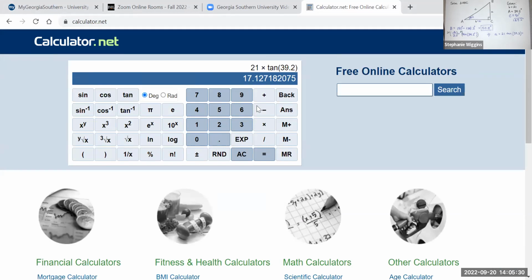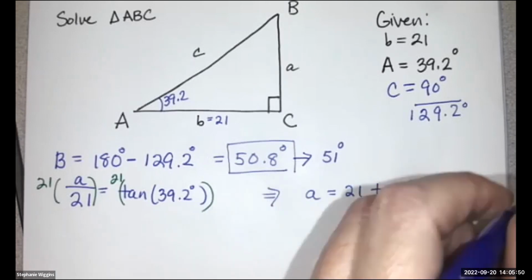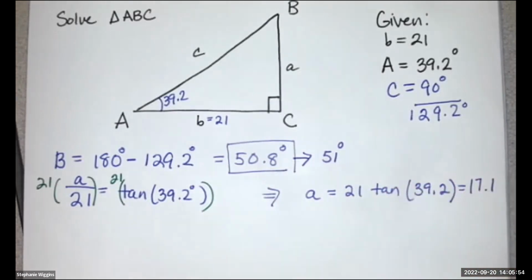And we get 17.1. I think for these problems, they want you to round your angles to whole numbers, so I would go ahead and round this up to 51 degrees, and that's how I would enter it. And here I'm going to round to the tenths place, so I'm going to round it to 17.1.